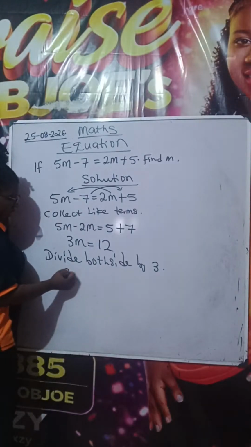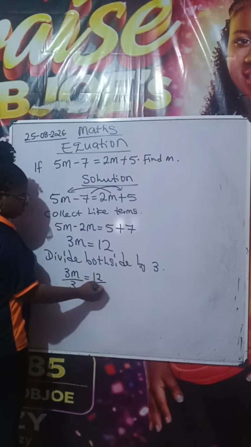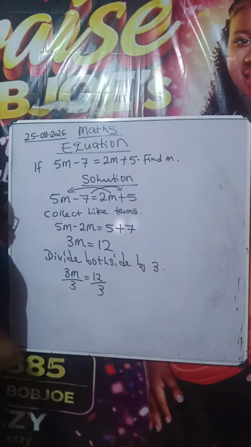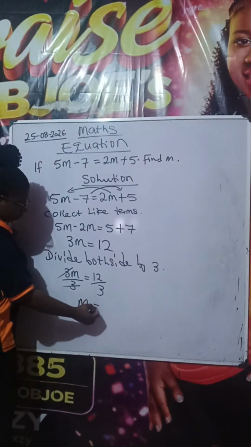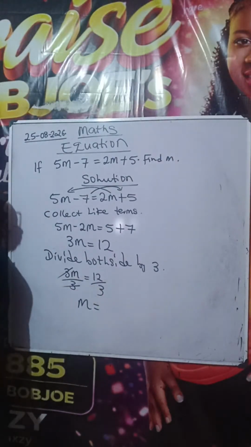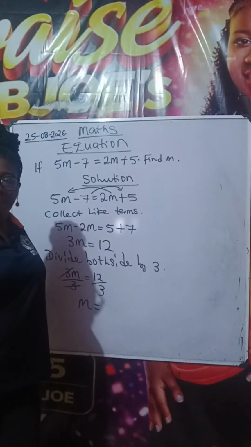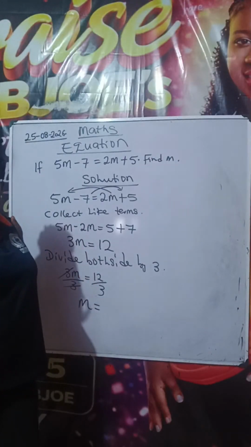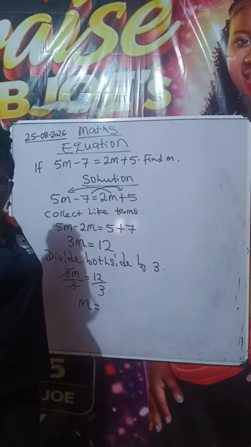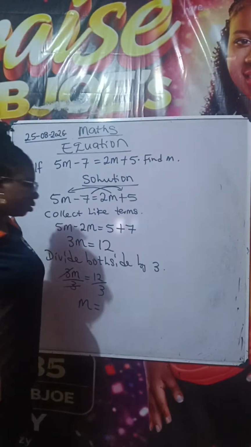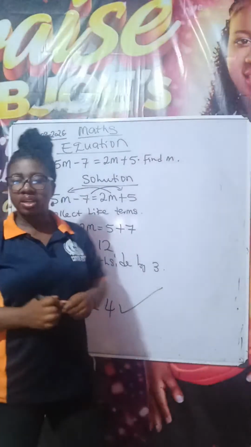So we have 3m over 3 equals 12 over 3. Now, the 3s cancel, so we have m equals 12 divided by 3. 12 divided by 3 will give us how many? So m equals 4, correct? So our m equals 4, and that is the final answer.